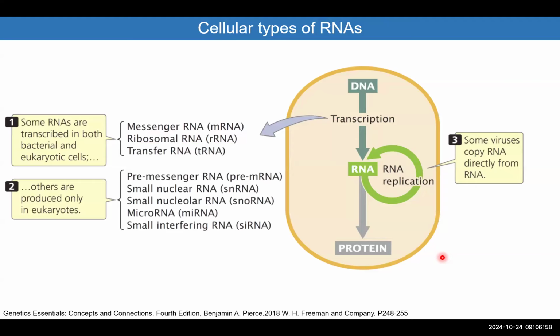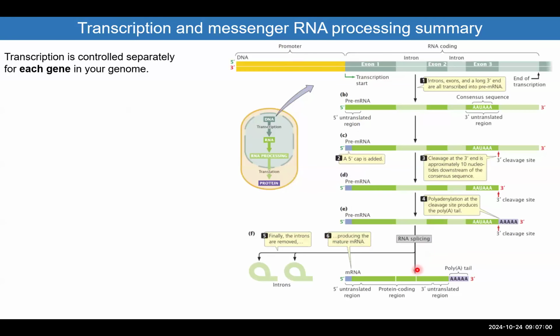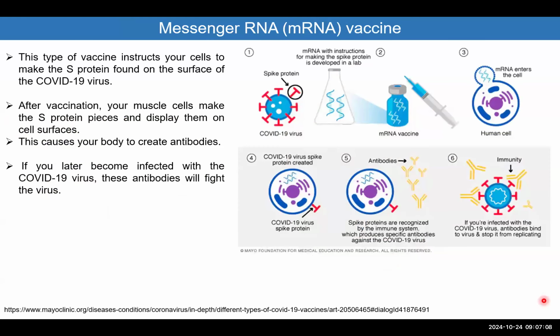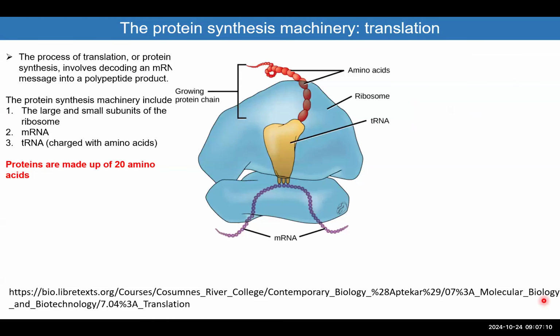So we reached here where we generated a mature messenger RNA. What do we do with this messenger RNA? How do we read it? How do we decode the information in the messenger RNA? To decode it, we need the protein synthesis machinery to perform translation.